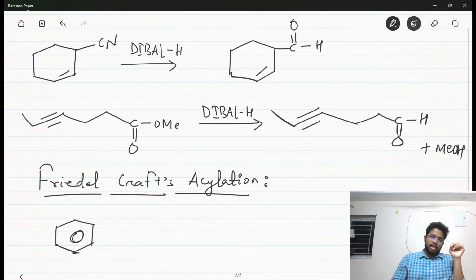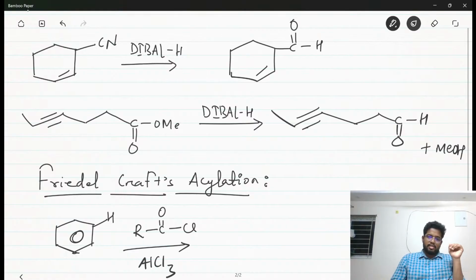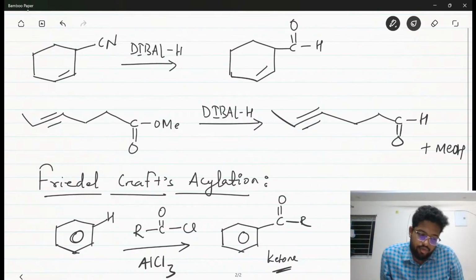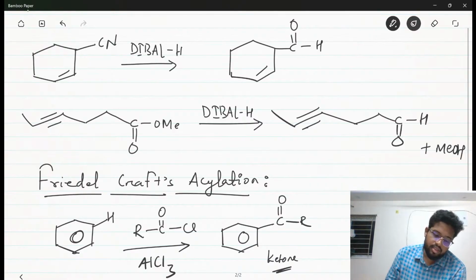I have a benzene ring, and on that I want to add an acyl group in the presence of AlCl3, with an acylating agent giving C=O-R. So this is a ketone. Benzophenone and acetophenone, two ketones, will be prepared by this method.